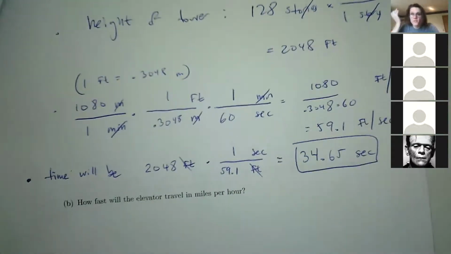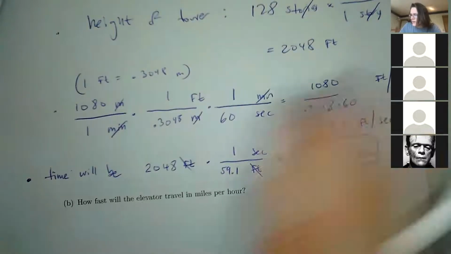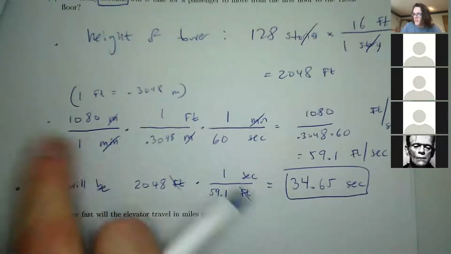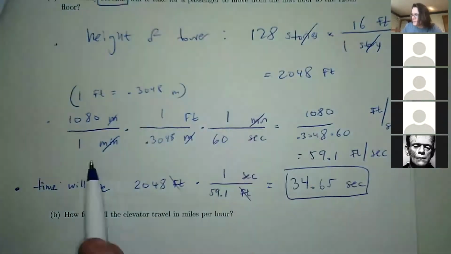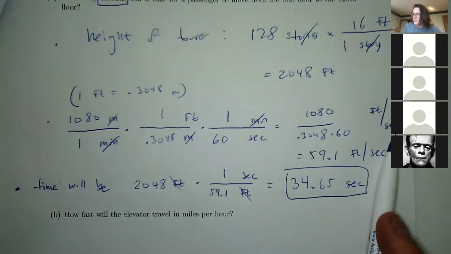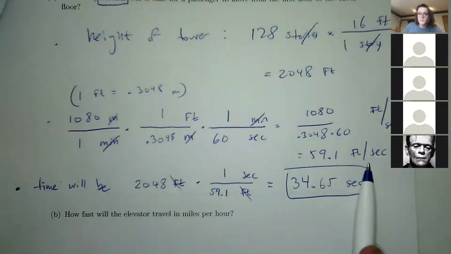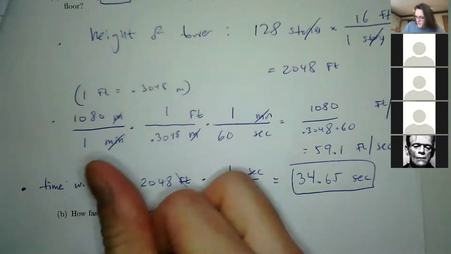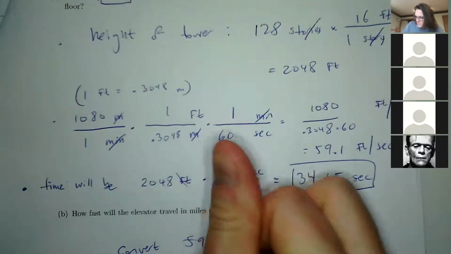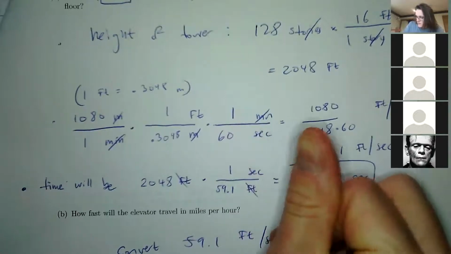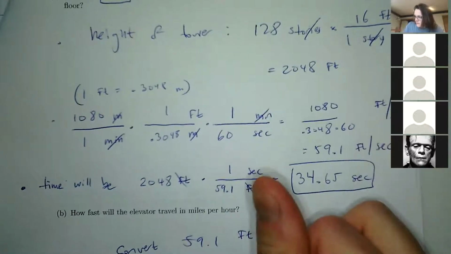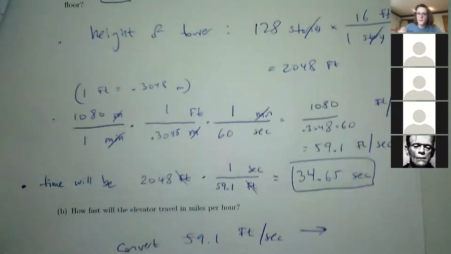But you can save yourself some trouble. So up here, we already converted the meters per minute into feet per second. And so you can use this 59.1 feet per second. So convert 59.1 feet per second to miles per hour.